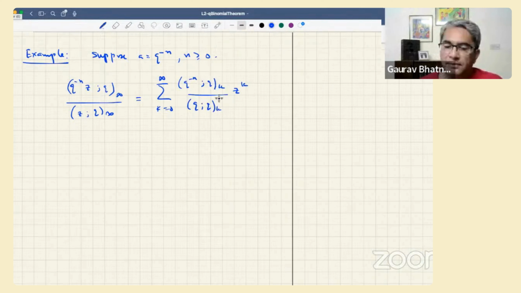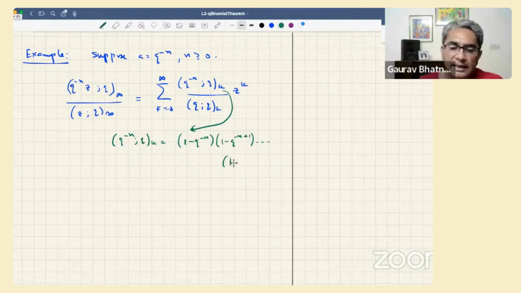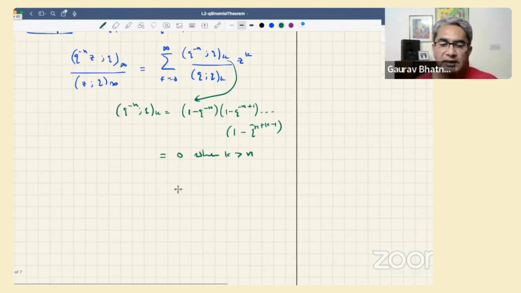Now this (q^(-n); q)_k is (1 minus q^(-n))(1 minus q^(-n+1)), and so on, up to minus n plus k minus 1. So this becomes 0 when k is bigger than n, so the sum becomes finite.